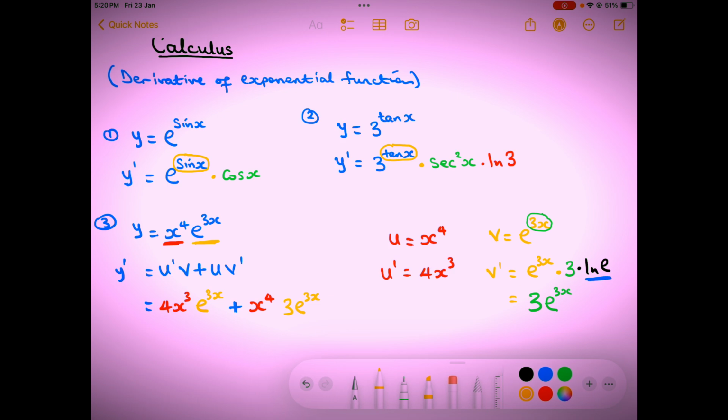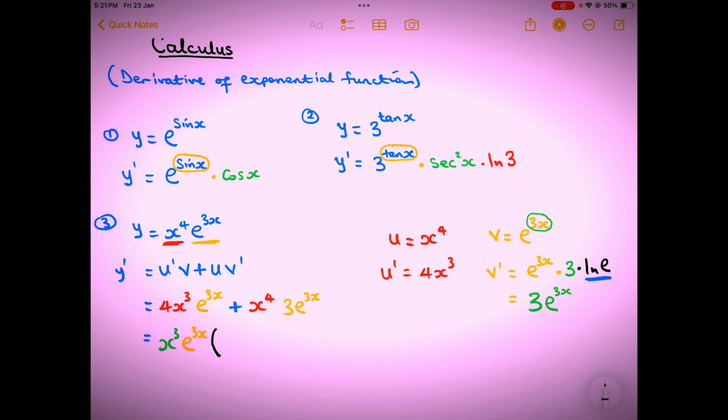So guys, we can simplify further, right? We can simplify further by factorizing e to the power of 3x and also x cubed out. So we can factorize x to the power of 3, e to the power of 3x out, and once we do so, what are we going to get inside the bracket? It is very simple.